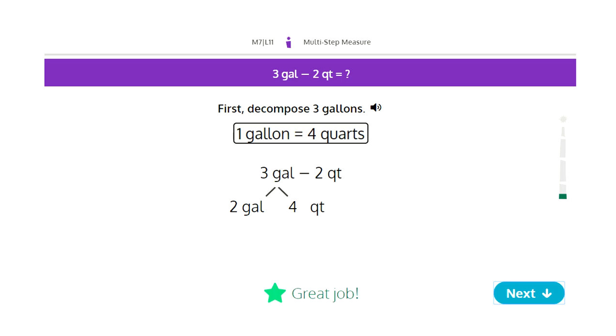It's just broken up into 2 gallons and 4 quarts. The same concept as if you had 3 $1 bills and you exchanged a $1 bill for 4 quarters. You still have $3, but you have it in $2 and 4 quarters. Well, we still have 3 gallons. We just have it in 2 gallons and 4 quarts.